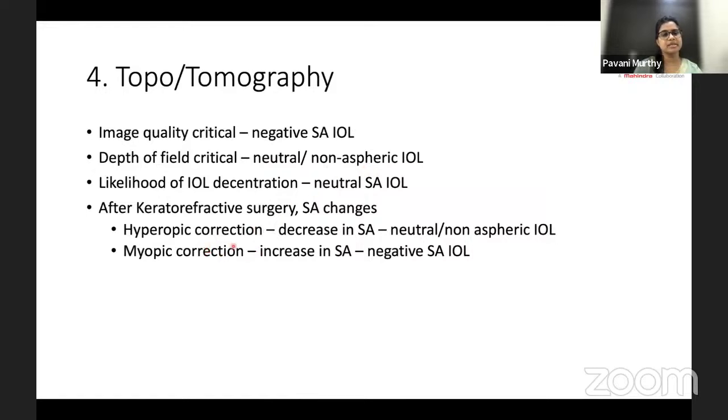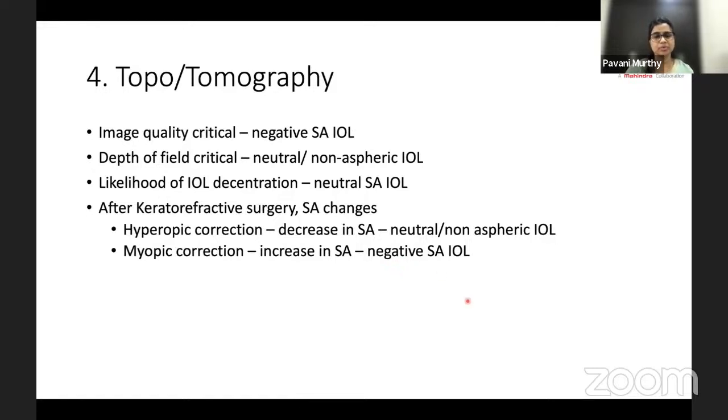Post LVC for hyperopic corrections, the cornea becomes prolate and induces negative spherical aberrations. You should probably go for neutral or non-aspheric IOLs. In myopic corrections, myopic LASIK, the cornea becomes oblate and induces positive spherical aberrations. Here it is good to use negative spherical aberration IOLs.